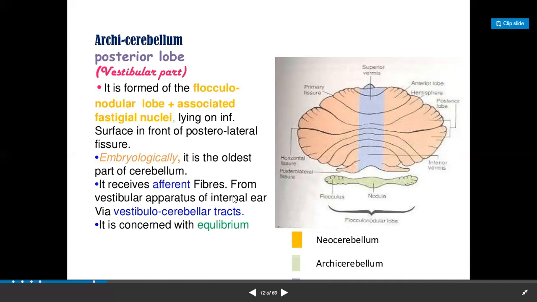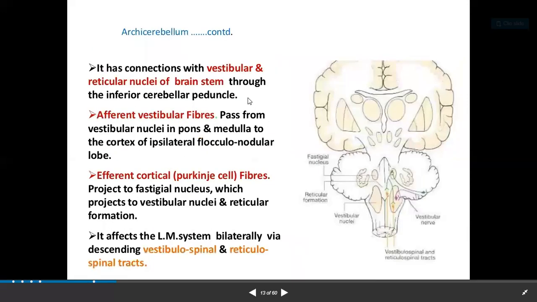That means this archicerebellum is chiefly concerned with the maintenance of equilibrium, because it has connections with the internal ear via vestibulocerebellar tracts. The vestibular apparatus we have learned in the ear chapter, and this is the cerebellum, and the connections are vestibulocerebellar tracts.